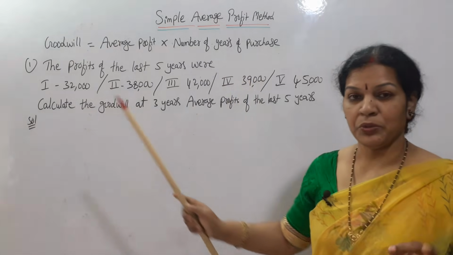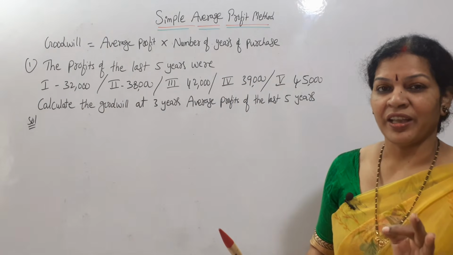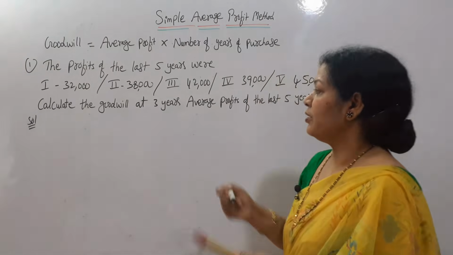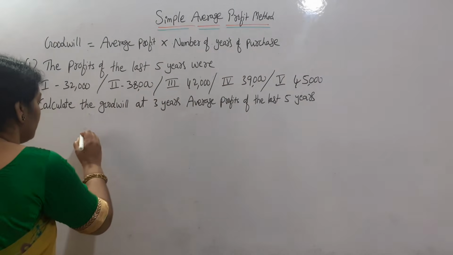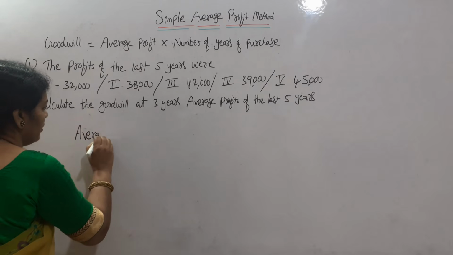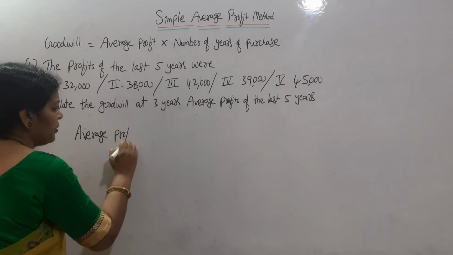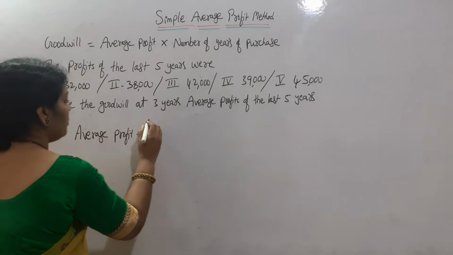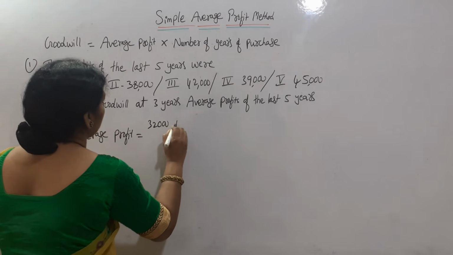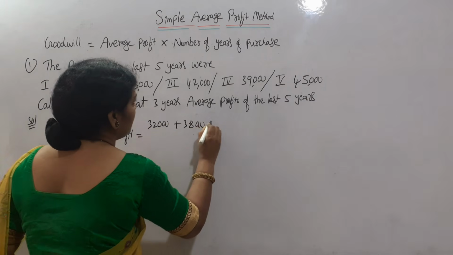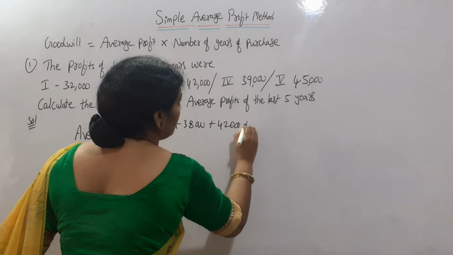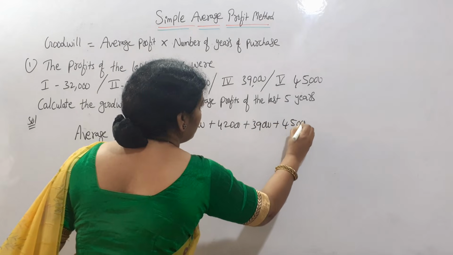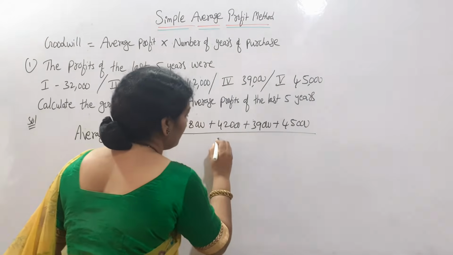So what we need to do, step number 1, is calculate the average profit. Average profit is equal to the total of all the profits: 32,000 plus 38,000 plus 42,000 plus 39,000 plus 45,000, divided by 5.